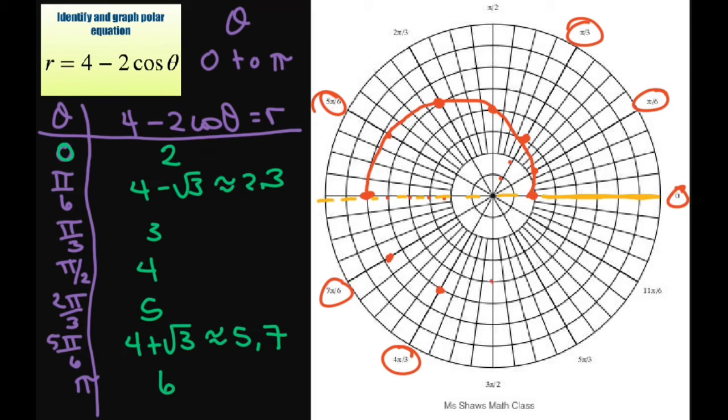And you just use symmetry to help you graph this. And then 2.3, close to 2. And then we're back to 2. So just swing back around. And this is how you graph it. And that's it. Thank you. Have a nice day. Bye-bye.